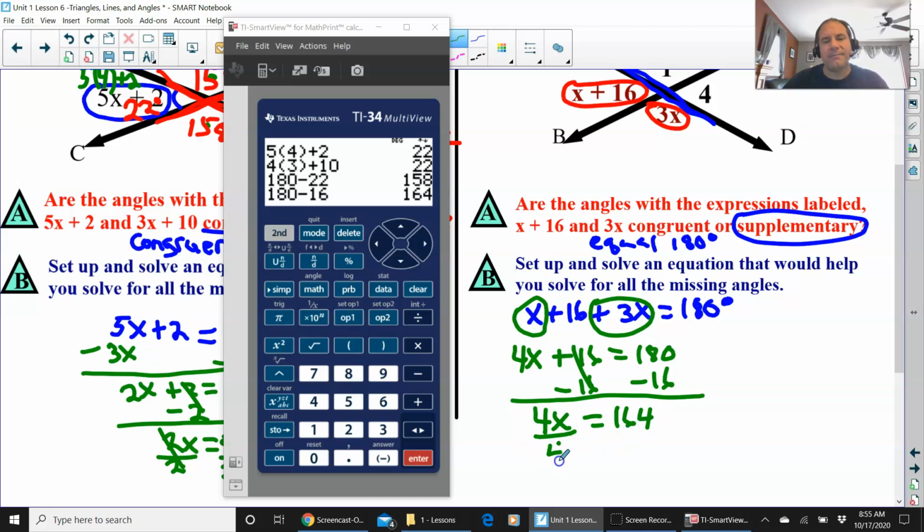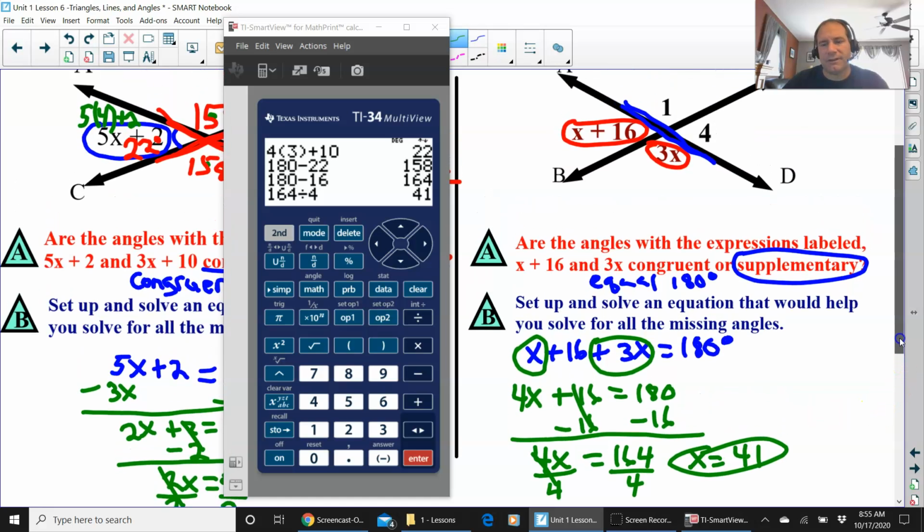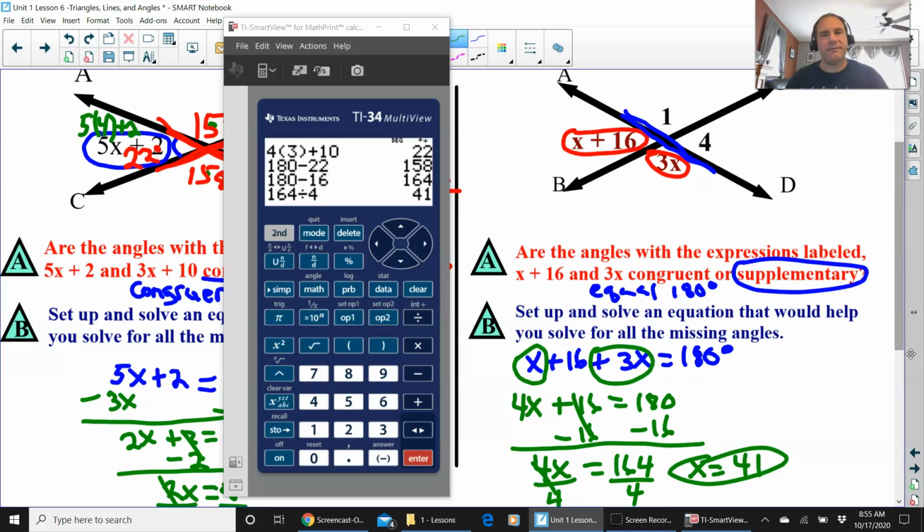Then you do the opposite of multiplication, which is division, and you divide by 4 on both sides. You get x equals 164 divided by 4, and that is 41. None of these angles are equal to 41 degrees. We have to substitute, right?